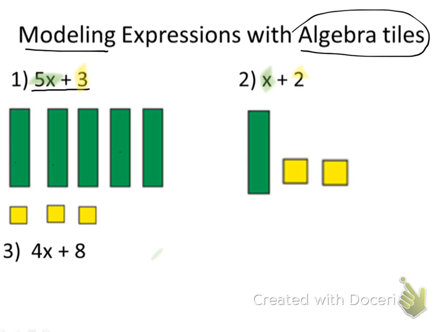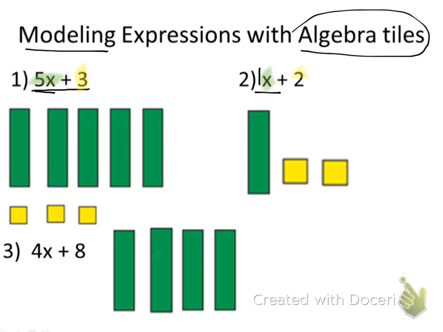The last one down here, we have 4x plus 8. 4x plus 8 means we have 4 x's. Just like here we had 5 and over here we had 1. Even though this doesn't say 1, there's a secret one out front that we don't need to write, because if there's only 1 x, we assume there's just one of them. So here we have 4 x's. So I need to put 4 green rectangles to represent my 4 x's. Now I still have this 8.